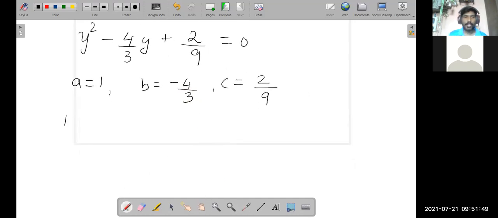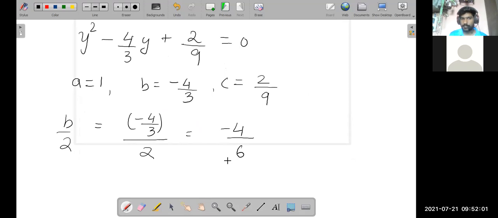So now you find out b upon 2. So this will be minus 4 upon 3 divided by 2. So this will become minus 4 upon 6. And this you can reduce. 2 2s are 4, 2 3s are 6. So you get minus 2 upon 3. Did you understand up to here?